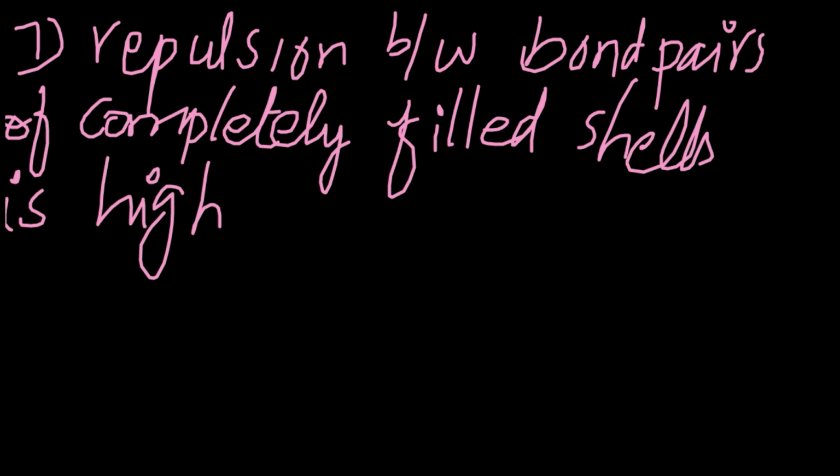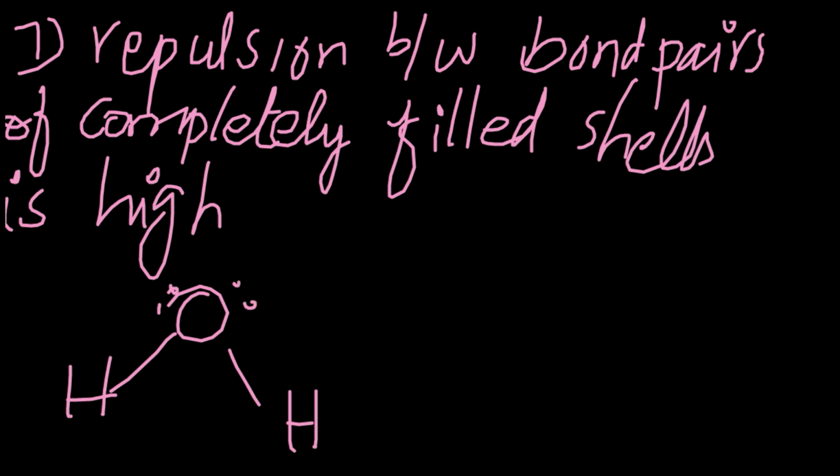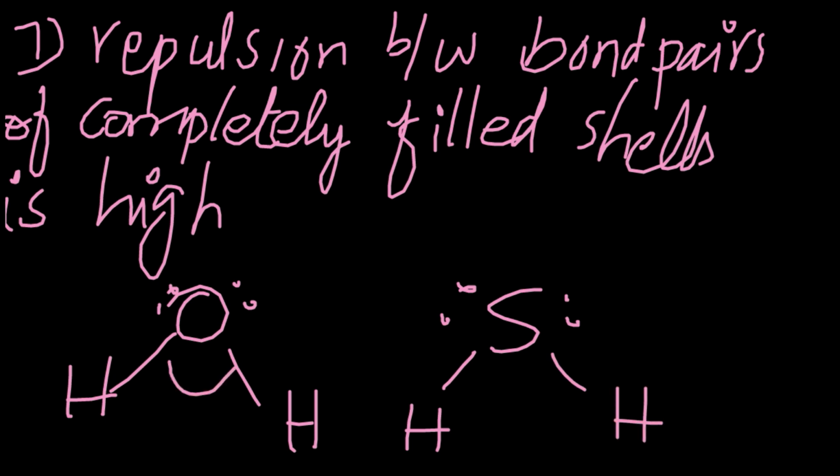For example, H2O and H2S both have bent geometry, but the bond angle of water is 105.5 degrees and the bond angle of H2S is 92 degrees.